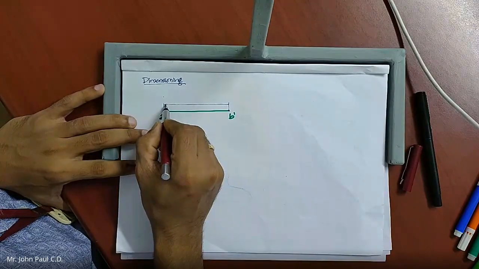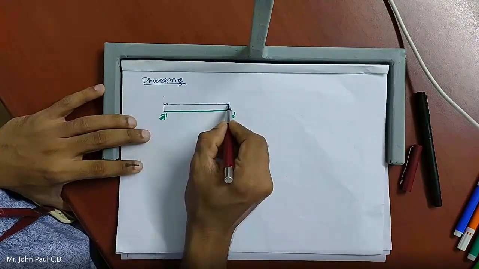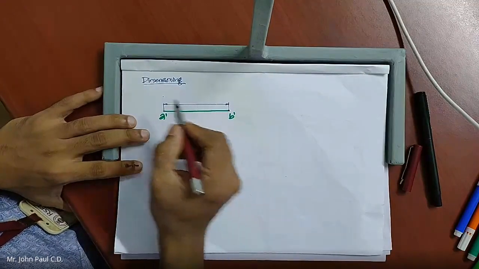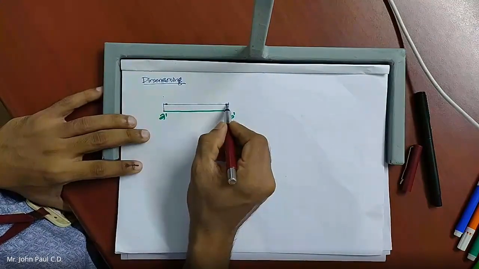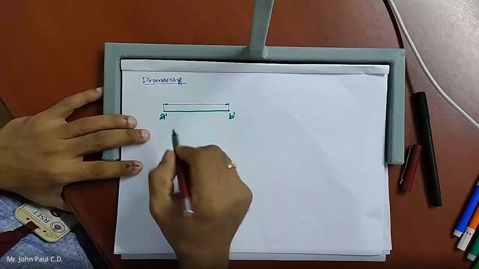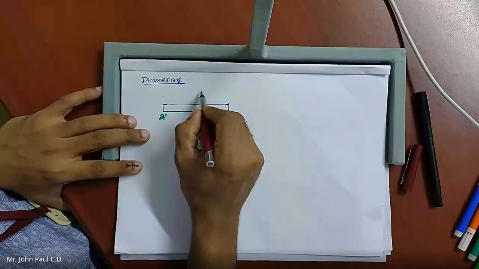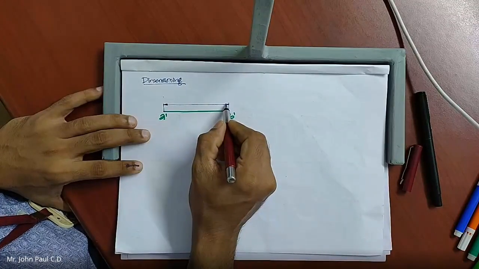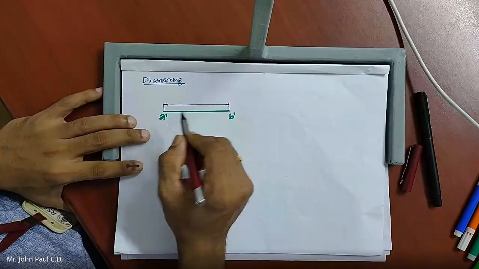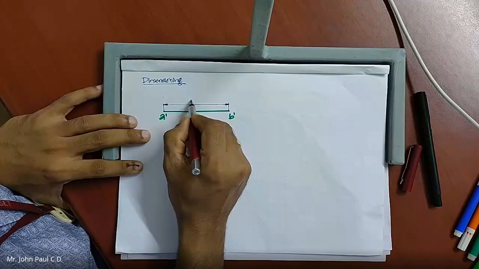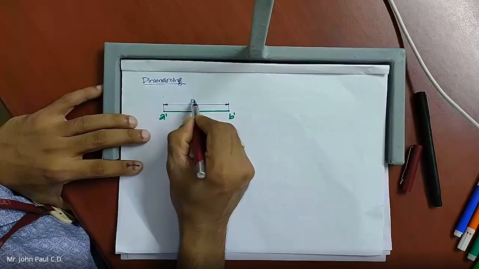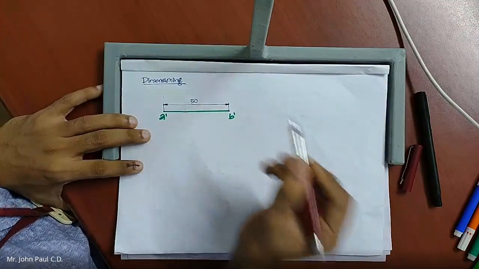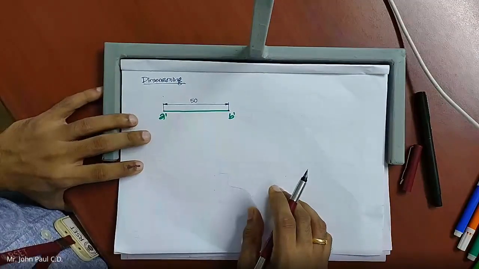And I will mark the dimension with a small arrowhead, and it will be shaded usually. That's what I follow. There are options, but you just follow this one only. An arrow, and I will write the dimension above the dimension line, 50. This is how the dimension is marked.